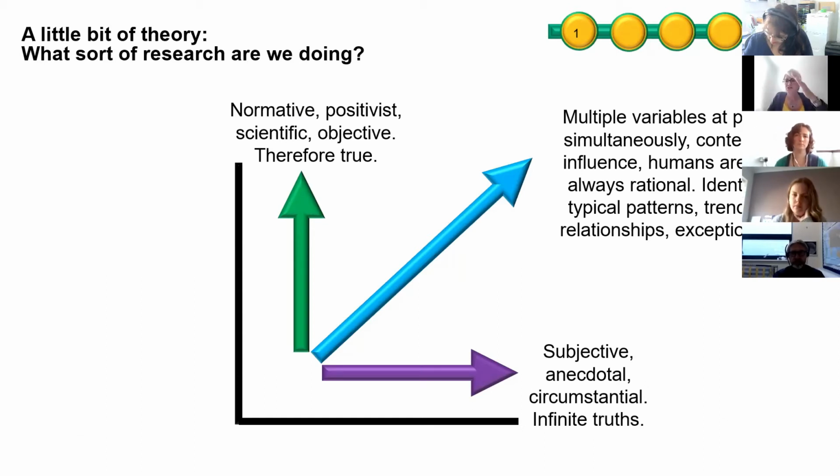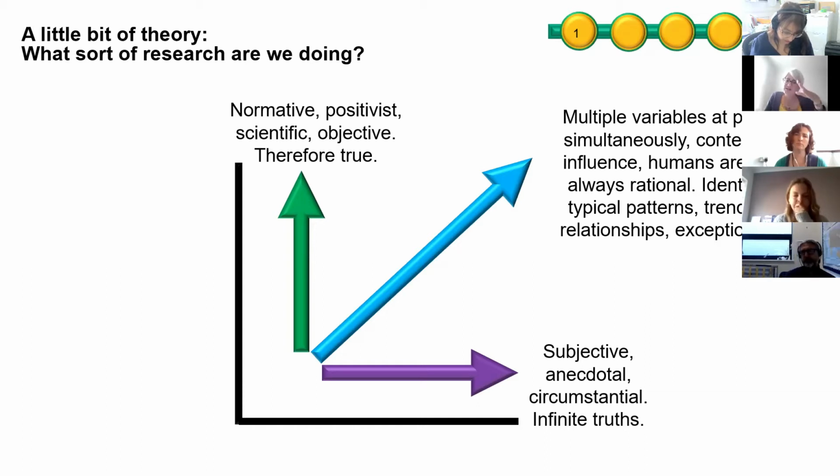Now, going to the other extreme on the spectrum of research, the purple one, there are a whole raft of researchers out there who come from a very different tradition, where the subjective, the anecdotal really matters. It's about how people speak and the unsaid and the cultural details. Things are circumstantial, you might say, and there are multiple truths, particularly when you're dealing with human beings.